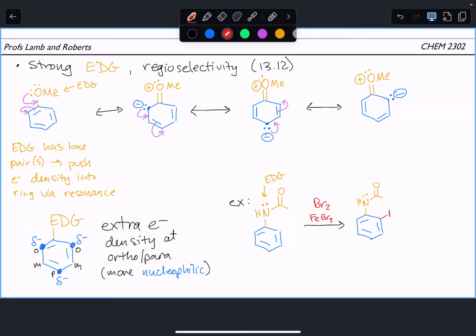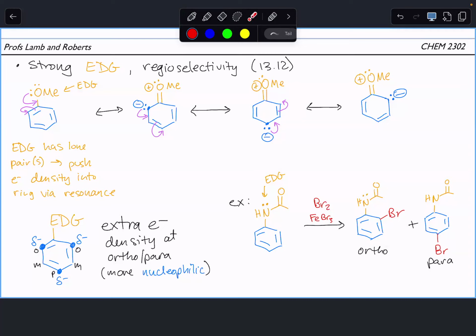I'm going to put my bromine in the ortho position, or alternatively, I can put my bromine in the para position. So this is our ortho, this is our para, and you actually get both of those. The ones that are most nucleophilic are the most reactive, and therefore you get both of those products. Question?